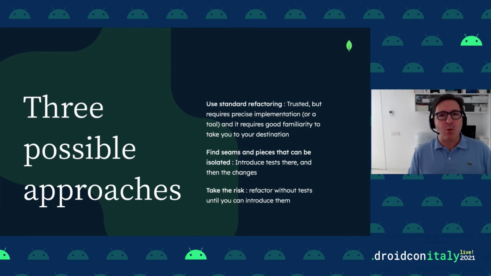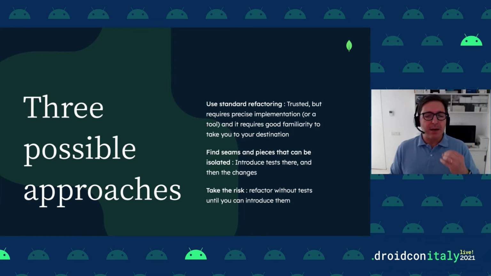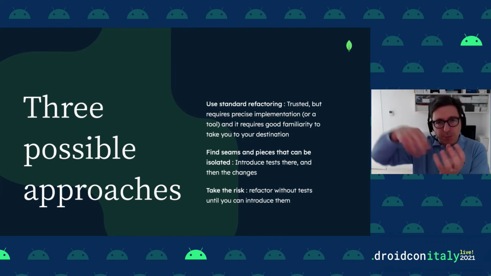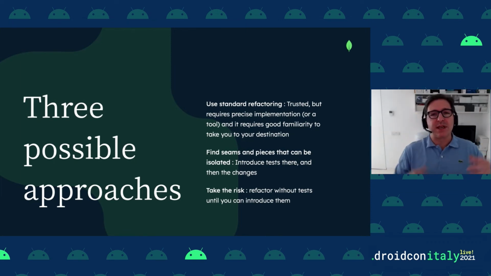And this was introduced by Michael Feathers in his book, Working Effectively with Legacy Code. And basically it tries to isolate parts of the code, smaller parts, and work with those instead of the application as a whole. Still challenging, but much easier than trying to solve the thing as a whole.